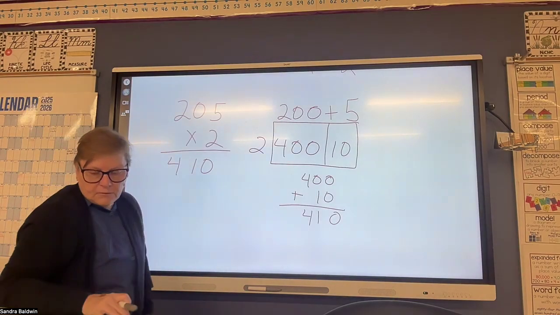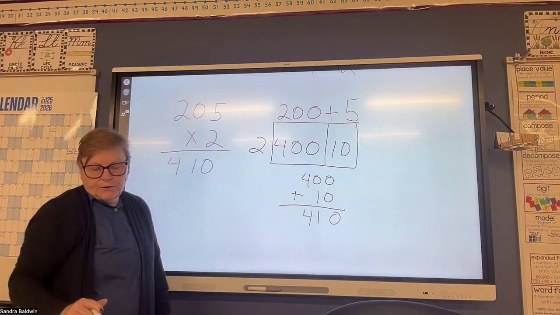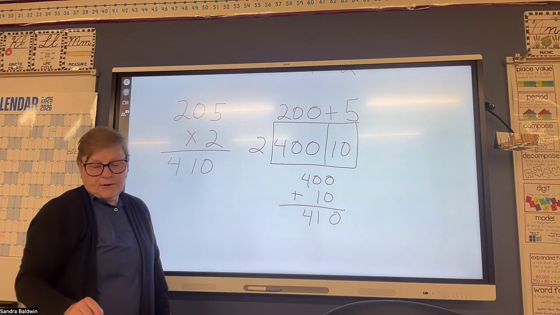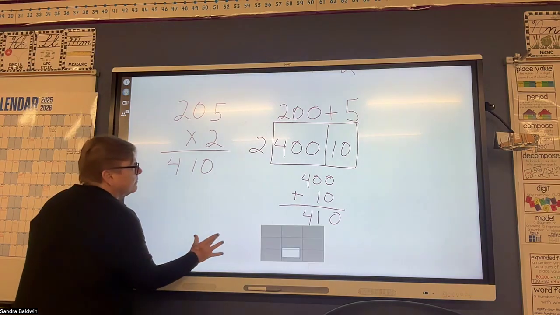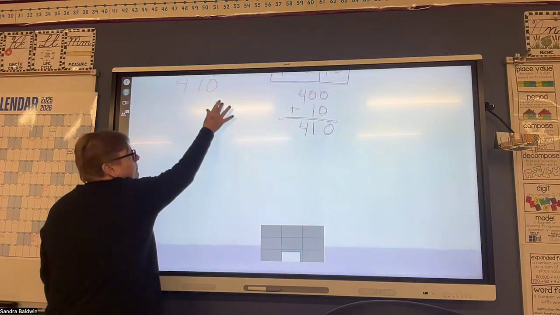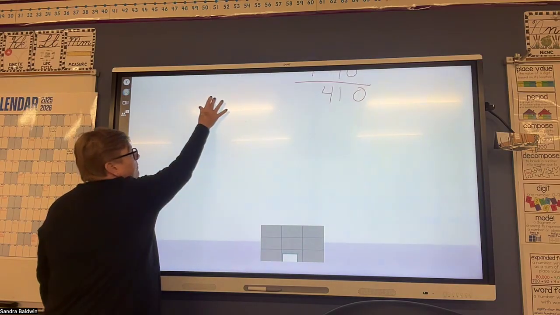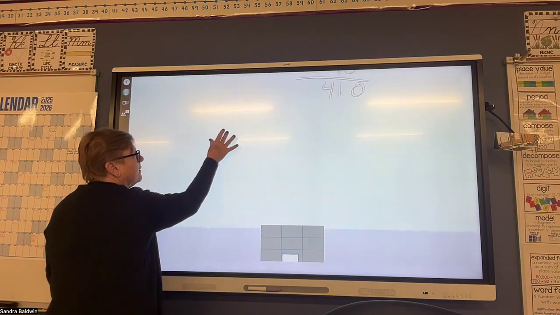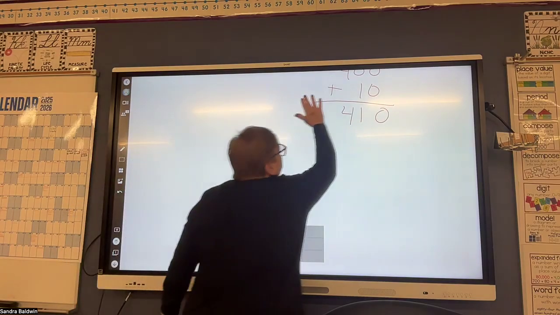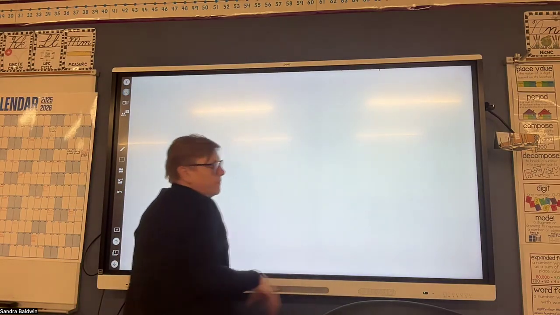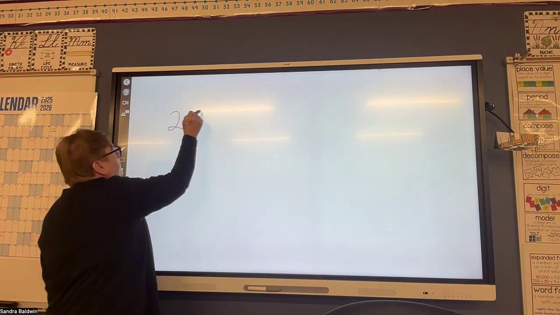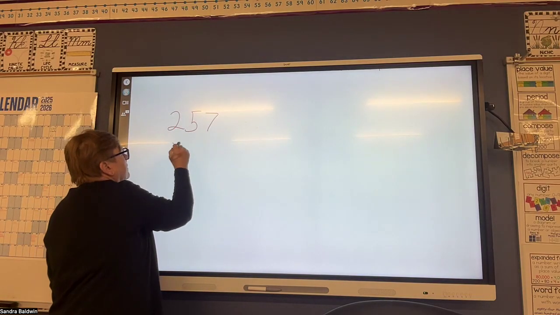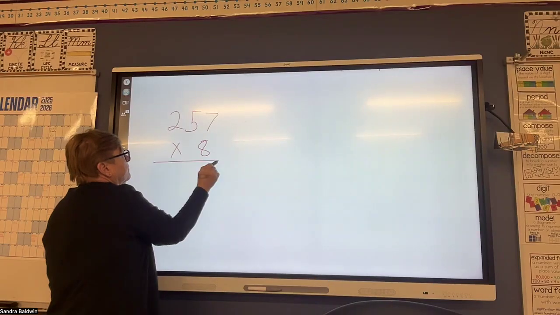Okay, the next one I'm going to do is the first problem on the second row, 257 times 8. All right, I'll erase that part. So 257 times 8.